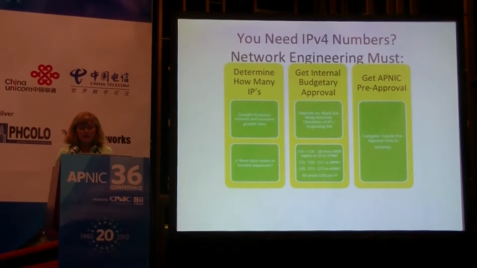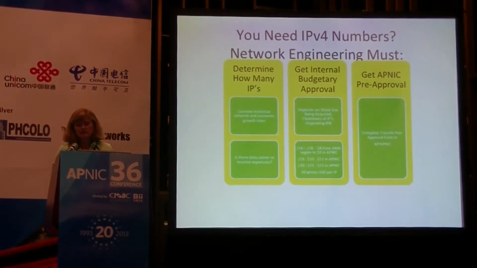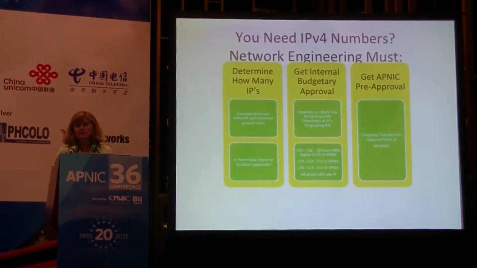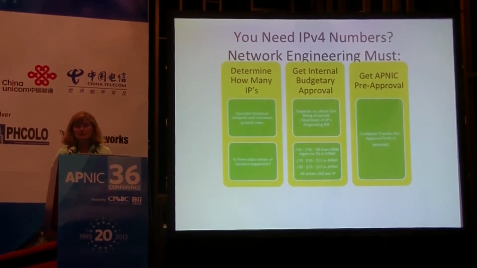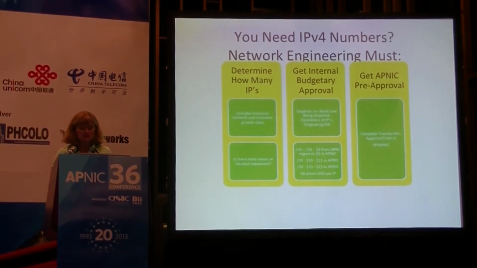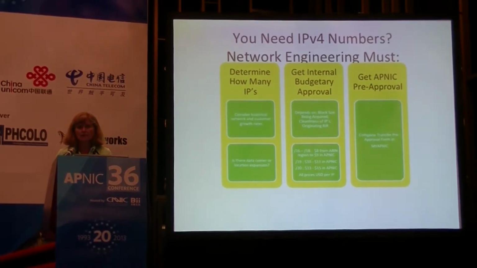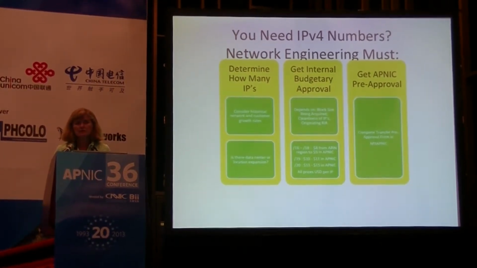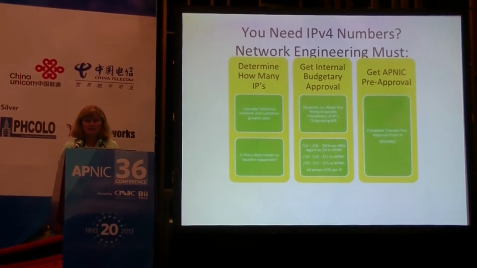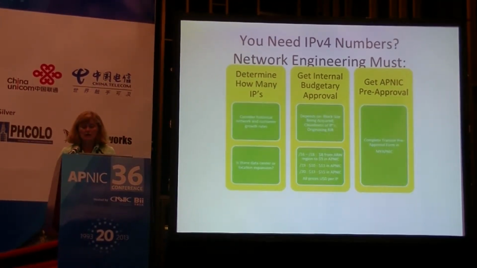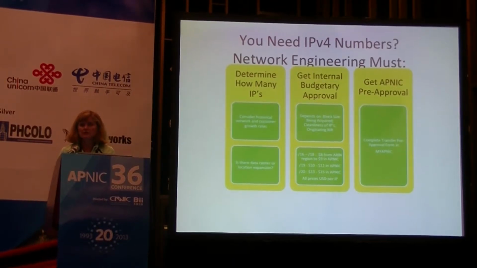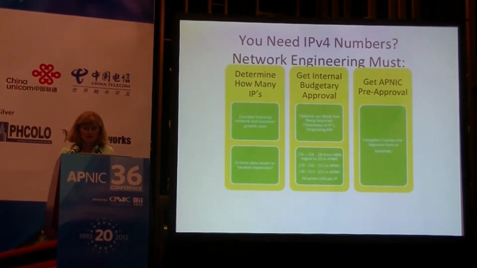Right now, ARIN-based IPs are probably on the order of 10% cheaper, I think, than APNIC-based IPs. And that could change because there are not very many IPs left in the APNIC region. They're a very short supply kind of item. And then finally, APNIC pre-approval. I have a couple of slides on that coming to show the process you go through to get pre-approval from APNIC.